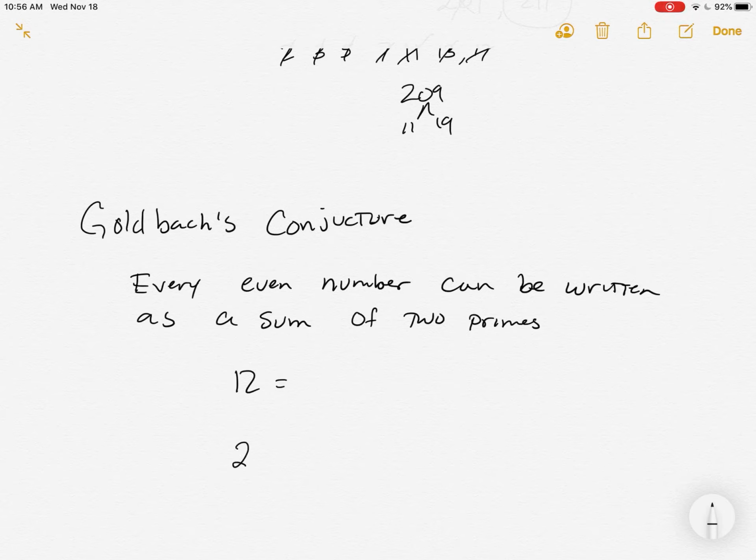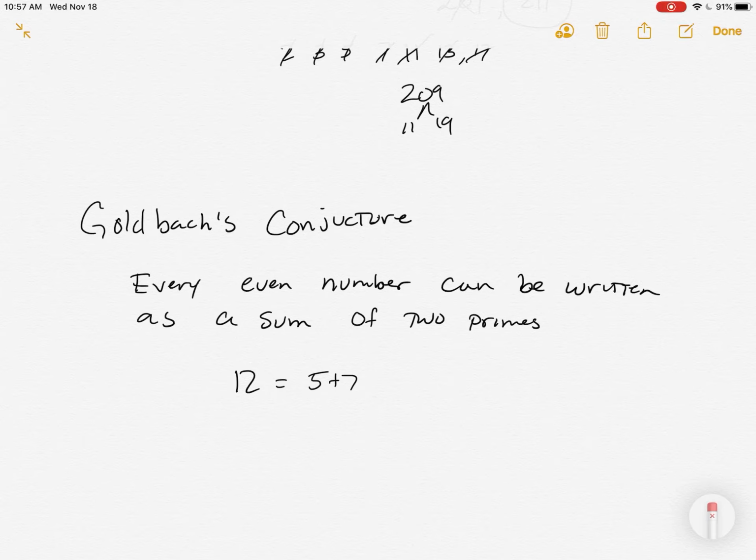The prime numbers are 2, 3, 5, 7, 11, and yeah, 5 and 7 add up to be 12. So it's the sum of two prime numbers, right? And they're saying that can happen for every even number. So this wouldn't be a conjecture if they ever found an example where that didn't happen.